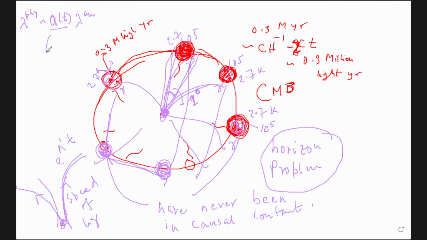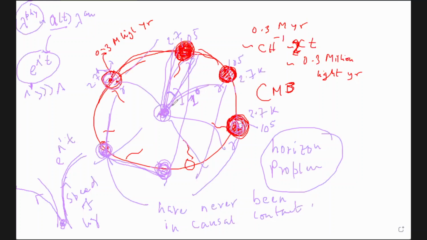Now a(t), if it is a super fast exponential in the beginning, say e to the power lambda prime t, and lambda prime is much higher than our present lambda because it is in the beginning. So a tremendous expansion happens in the beginning. Then lambda physical will blow up like an exponential times lambda co-moving. So these photons which were at a small distance will blow up to infinity because of the expansion, and that can make this problem solved.